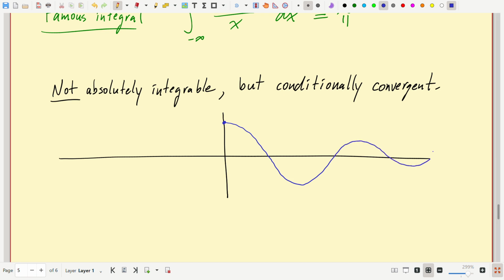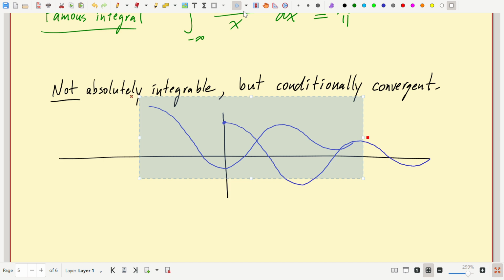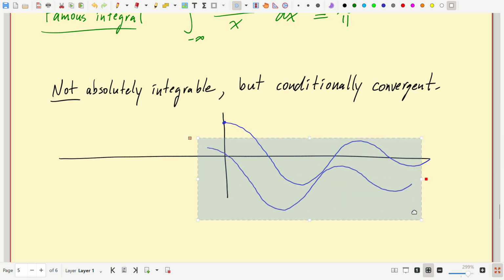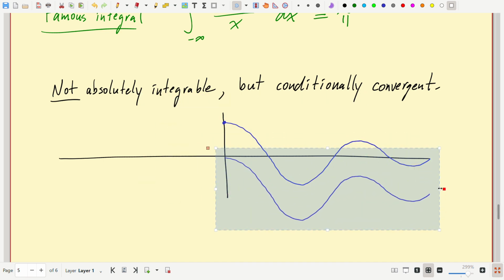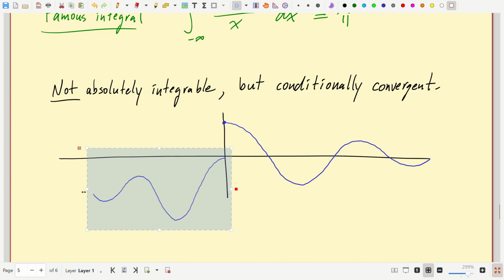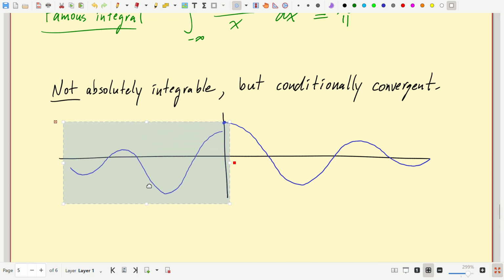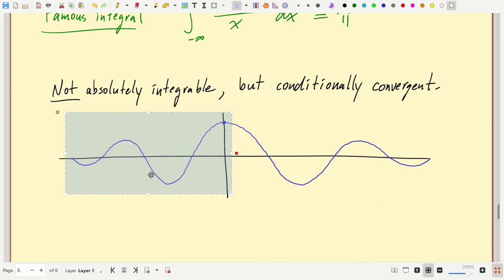Okay, here's something I can do here. I'm going to copy that, and now I'm going to turn it inside out. That is a symmetric function.